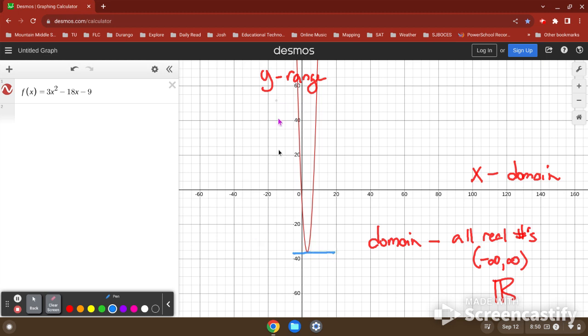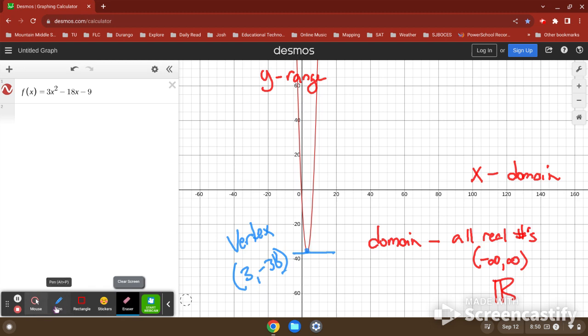Remember, range is the y value, so y goes up and down. Our graph does not go below that location right there. That's the lowest spot. So that vertex we found was at 3 comma negative 36.